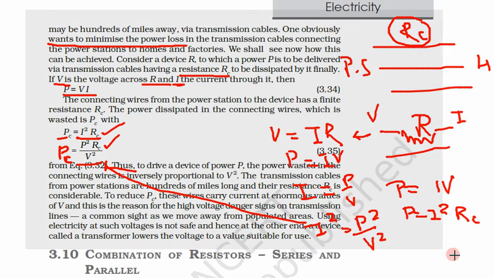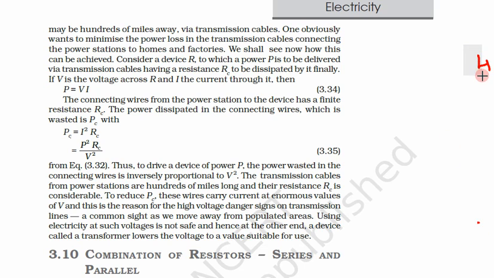Let us see this once again, what has happened. Power comes to our home by a cable that has some resistance RC. Now the same cable is coming into our device, or current is coming from the same cable into our device like a computer or mobile. So power consumed in our device P is equal to VI.